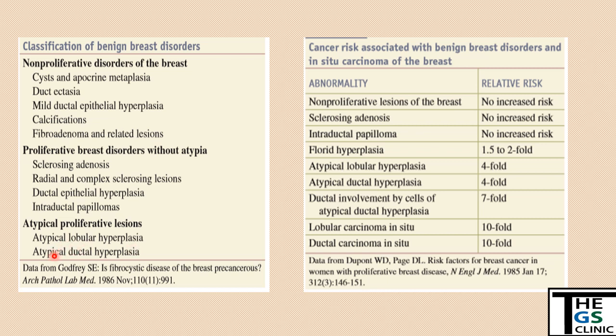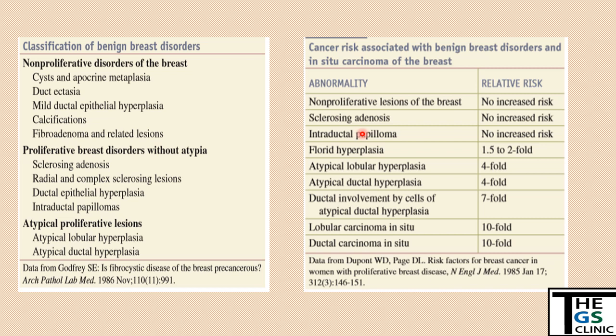Atypical proliferative lesions like atypical lobular hyperplasia and atypical ductal hyperplasia. We'll go through these topics in the next slides. So I just want you to know that the disorders are either non-proliferative, proliferative, and proliferative with atypia.